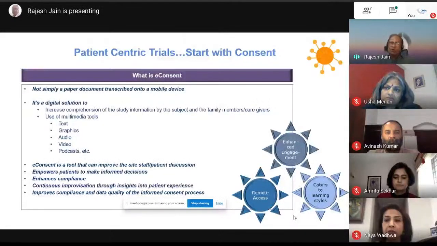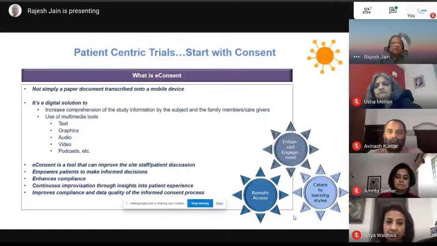And as we can all imagine, if I have taken a very well informed decision, my chances of completing the trial are much higher compared to somebody who takes a decision today, and then tomorrow realizes, oh, what have I got into, and says, hey, I want to drop out. So that's the first biggest advantage of the use of an e-consent technology.